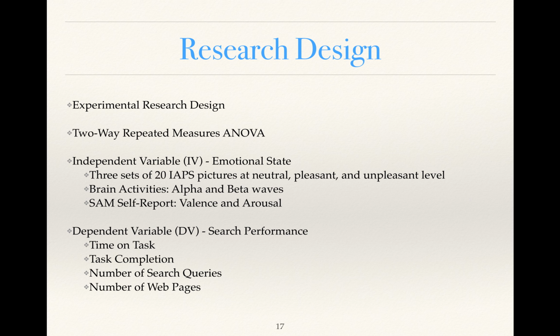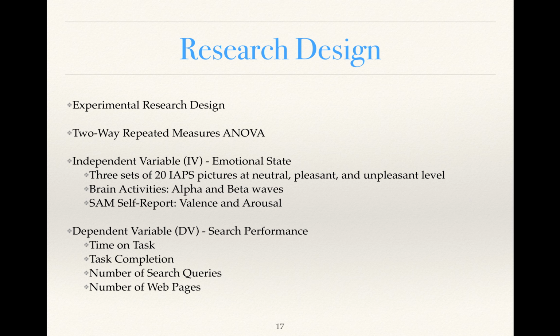In terms of my research design, it's definitely an experimental research design. I'm using a two-way repeated measures ANOVA as the statistical model. My independent variables are emotional states. To control them, I am using IAPS pictures of neutral, pleasant versus unpleasant, so I am controlling the emotions at 3 different levels.